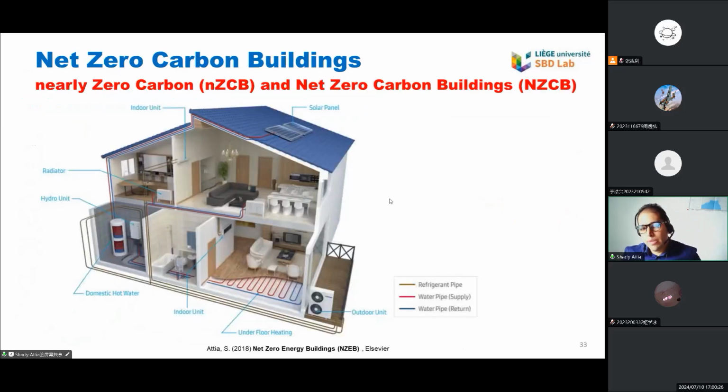So what will be then the most common technology for heating and cooling net zero carbon buildings? As you can see here, this is an example of all the technologies that we are using today in these buildings. We are using solar panels, radiators. We are using a lot of hot water storage systems, 2,000-liter storage tanks, 1,500-liter storage tanks.